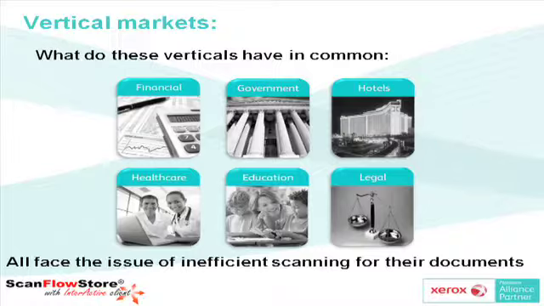They all face the issue of inefficient scanning of their documents or inefficient processes with paper in their businesses. For many years now, I've walked into businesses and I've seen filing cabinets. As soon as I see a filing cabinet, I think opportunity. Opportunity. These people have obviously got inefficient document processes.